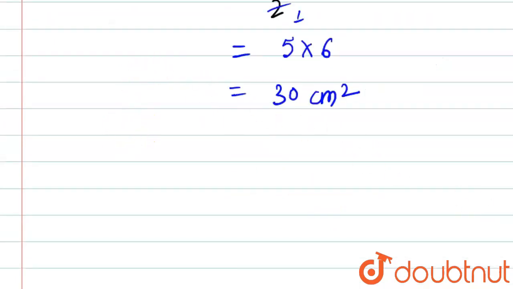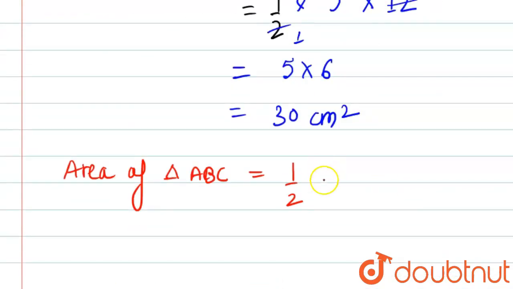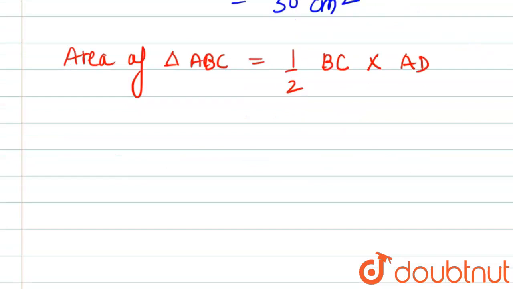Also, if we take the base as BC, we will get the height as AD. So if we take base BC and height AD, and we have already calculated the area of triangle ABC, that is 30 centimeter square, we can put in the values to get the value of AD, because AD is unknown.